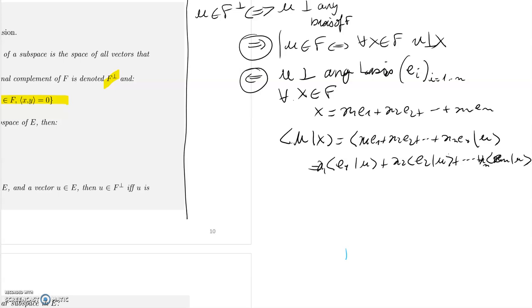And by assumption, u is orthogonal to any element of the basis, so this is 0, this is 0, this is 0, so in the end it's equal to 0.